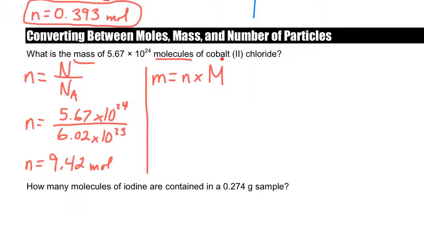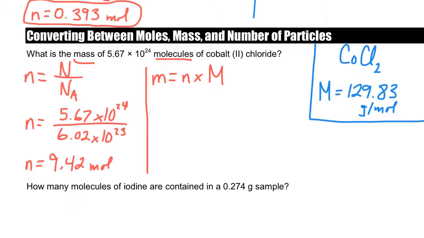Remember, this is cobalt(II) chloride, so figure out what the chemical formula of that is, and then you can calculate the molar mass. Cobalt has a 2+ charge, each Cl has a 1- charge, so we need 2 of them to balance out the charges. 1 cobalt and 2 chlorines gets me a total molar mass of 129.83 grams per mole.